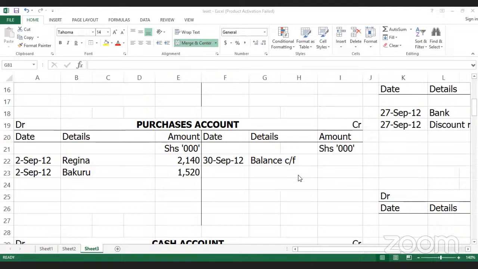The balance carried forward. How much is the total on the debit?